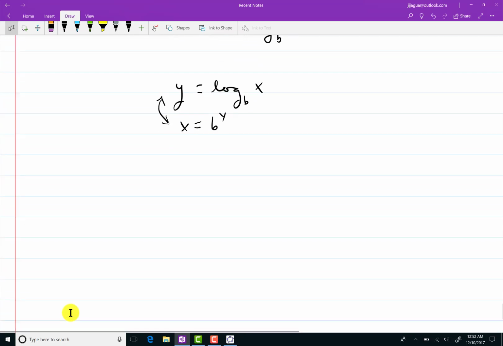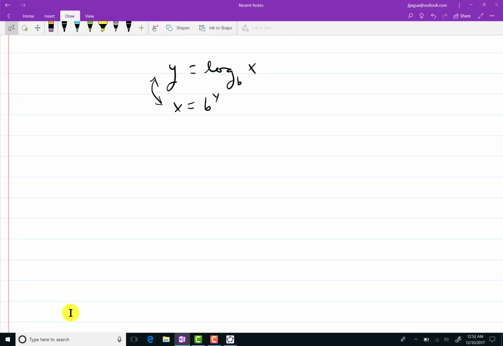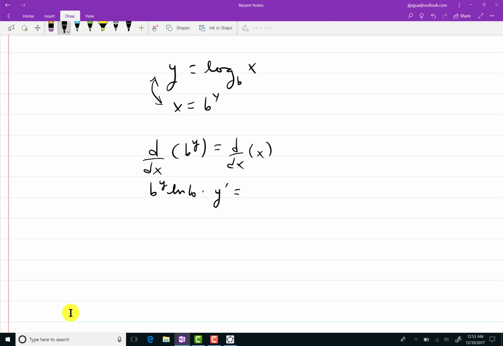Let me take the derivative here of both sides. d over dx of b to the y equals d over dx of x. As before, we have b to the y times y. Whoops. The proper derivative of b to something is b to that thing times ln of b. So b to the y ln of b, but then I have times y prime, and that's equal to 1.